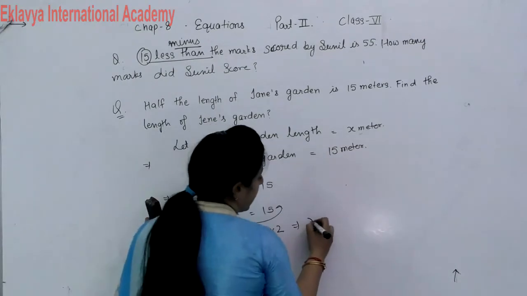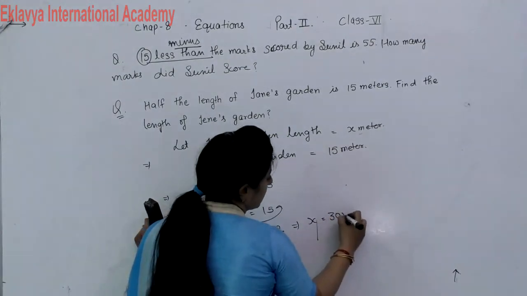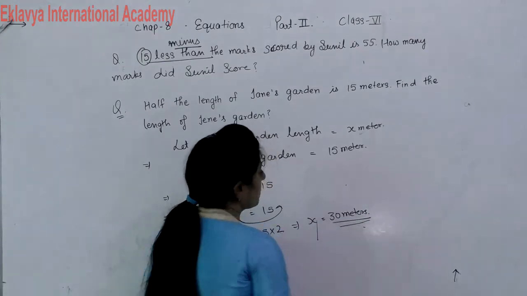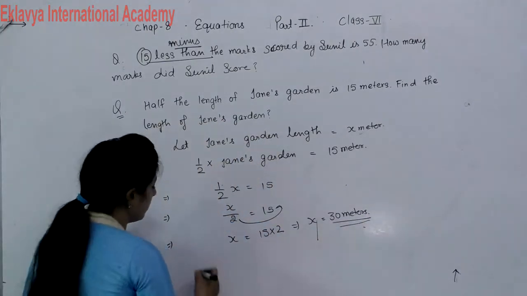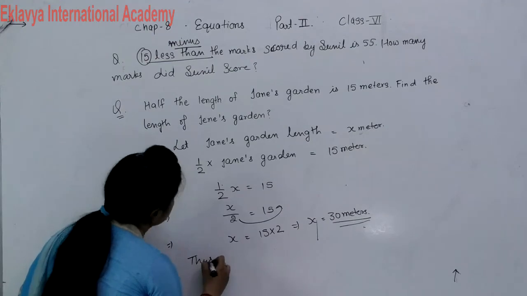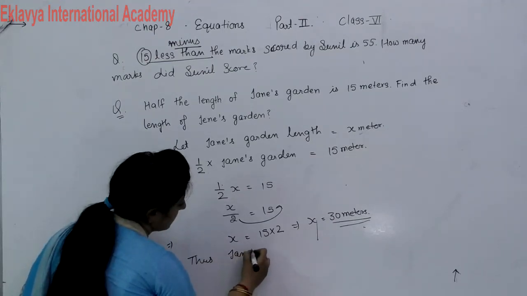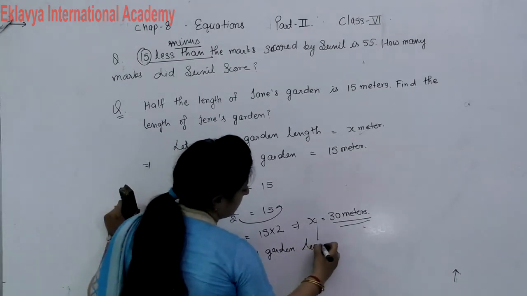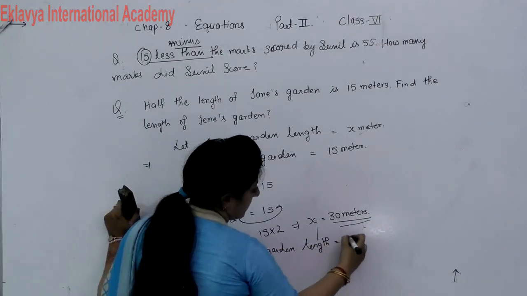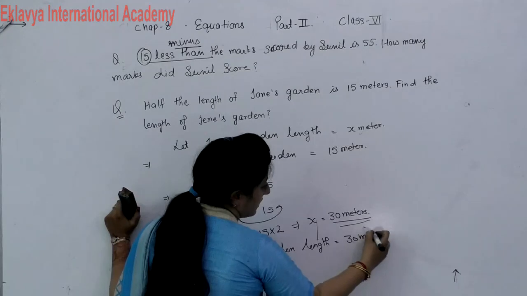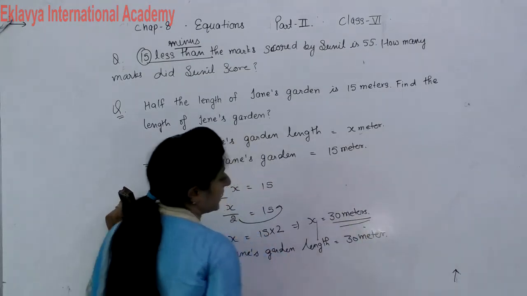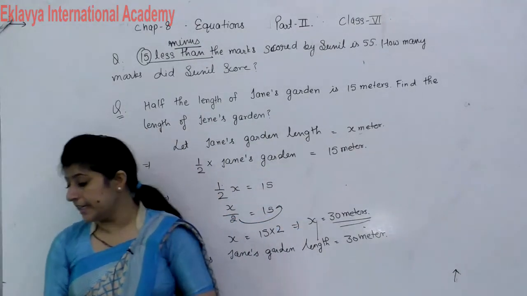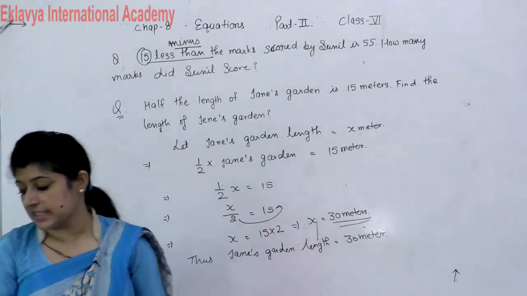Then x is equal to 15 times 2, 30 meters. So in the last we can write: thus Janus Garden length is equal to 30 meters. So this is our answer, and this completes exercise 8C.